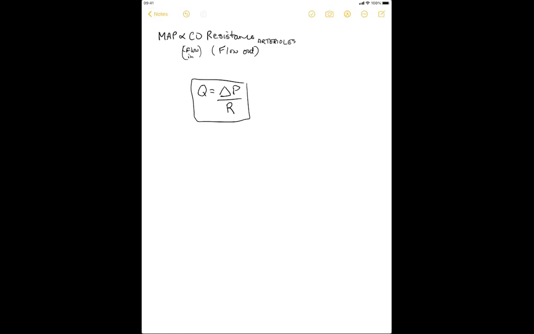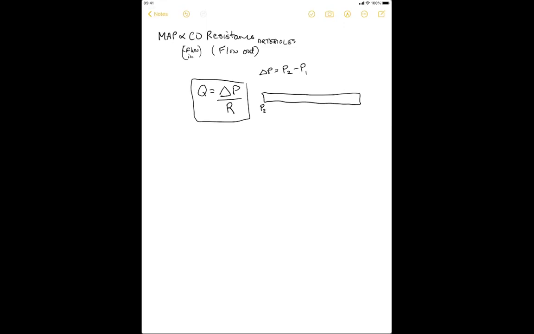So this is the relationship that we have to start with because this is a well-known physical law. And delta P is just the difference in the pressures. So it's pressure 2 minus pressure 1, the end versus the beginning. Pressure 2 is going to be the highest pressure that you have. And in our circulatory system, the highest pressure we have is the pressure that's coming right out of the left ventricle.